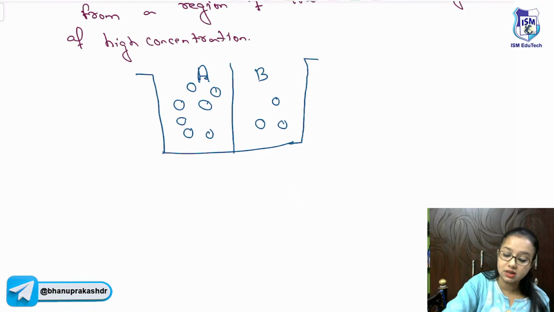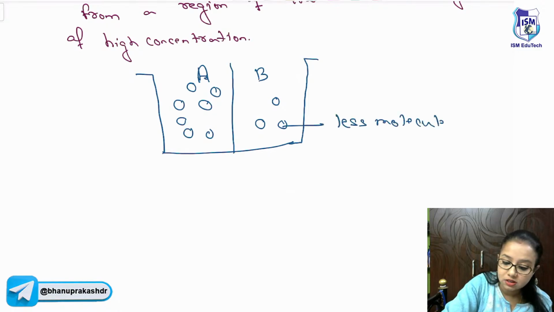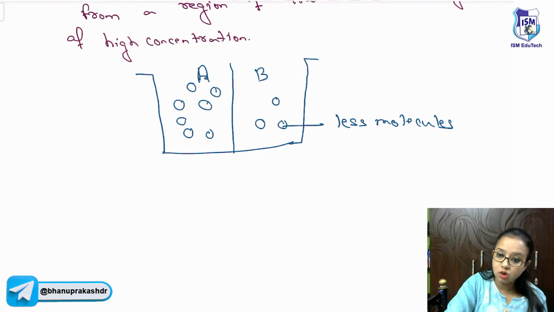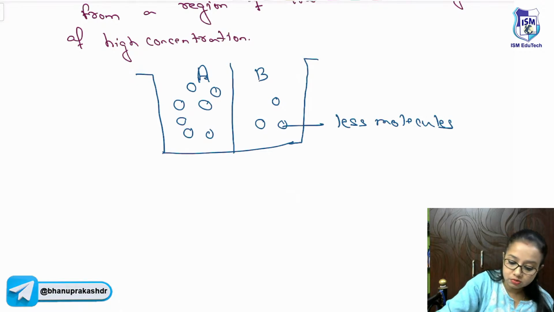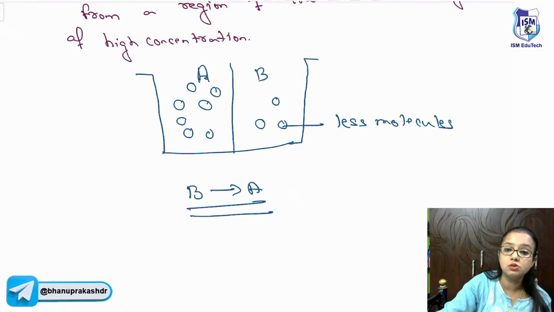In compartment B there is less solute, so this is the region where the concentration of solute is less. So ultimately the water will move from B to A. This is osmosis.